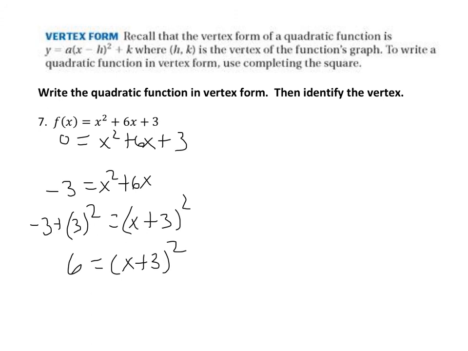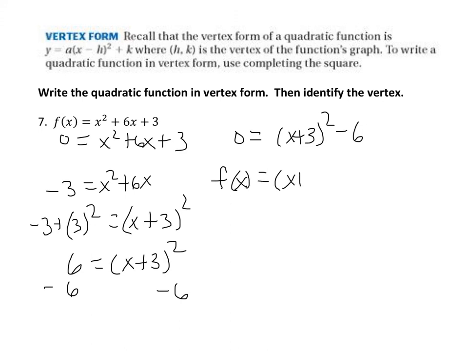Now get it equal to 0, so subtract the 6 over. So you would get 0 equals the quantity x plus 3 squared minus 6. And then I can go back to this: f of x equals the quantity x plus 3 squared minus 6. Now it's in vertex form, and then it says identify the vertex. So the vertex is (-3, -6).